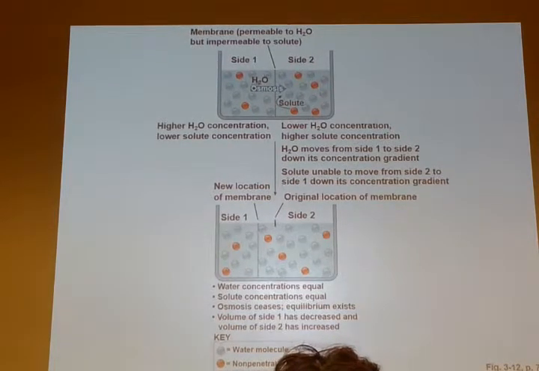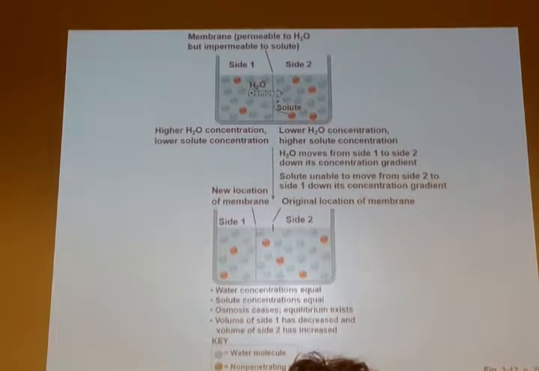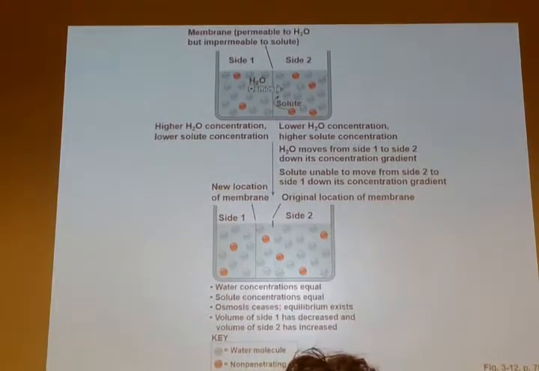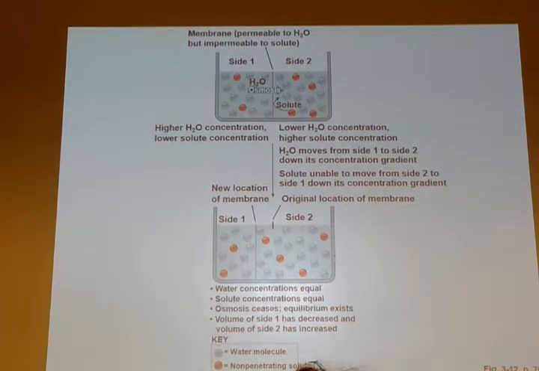Okay, so all that can move is water. Here the membrane slides, changes position based on volume. Sometimes the volume would have to go up because the membrane doesn't slide. But here the membrane slides for some reason, magic kind of fancy stuff.